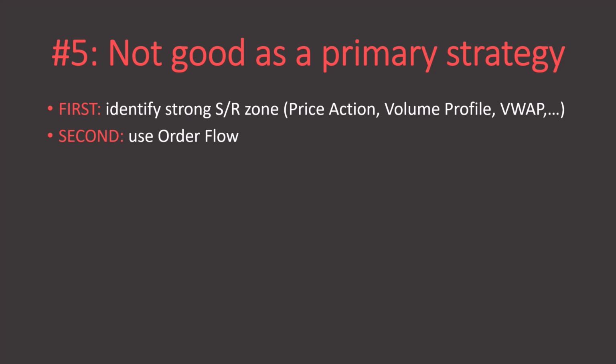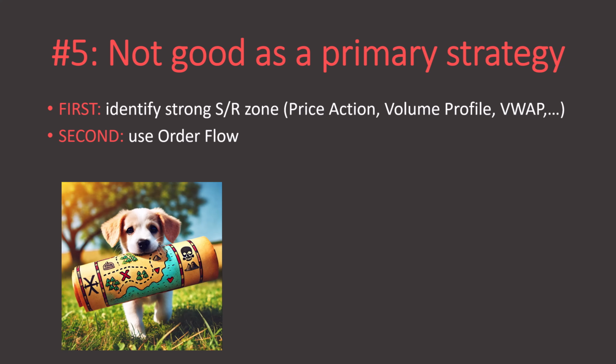Now, the next uncomfortable truth is that order flow is not so good as your primary strategy. Now, this could be quite controversial, so you can take this as my own point of view rather than a general truth, but in my opinion and experience, order flow is best used around strong support or resistance zones, which you can find with something that will give you, let's say, a bigger picture.